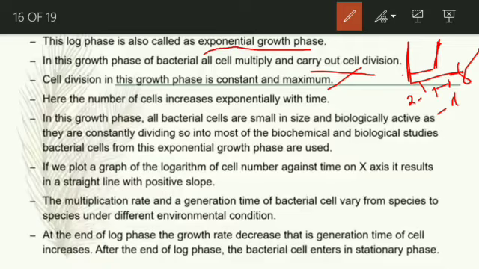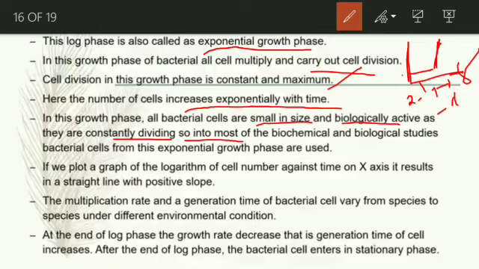Here the number of cells increases exponentially with time. As time grows, the number of cells also increases. And another point, in this growth phase, all bacterial cells are small in size and biologically active, as they are constantly dividing.